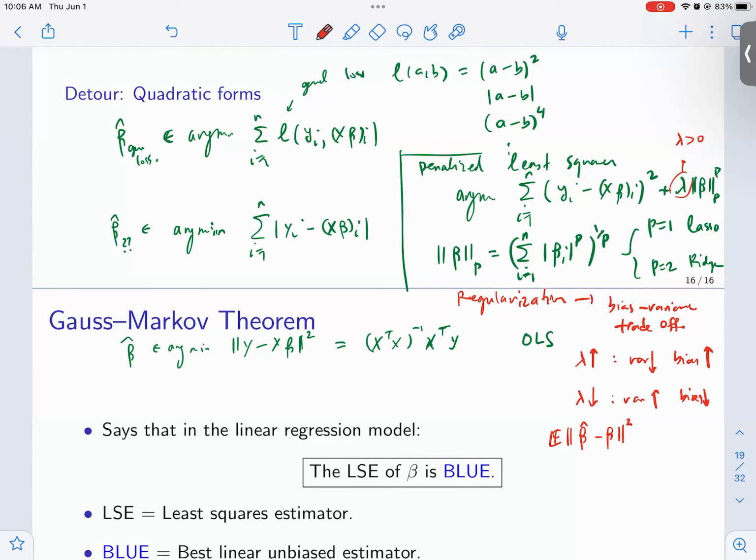If I take the expectation, this is called the MSE. So this is going to be equal to the variance of beta hat plus the bias of beta hat squared. So in some other courses, like in 200B, let's say 100B, you might have seen this. So it's slightly different than the MSCW.